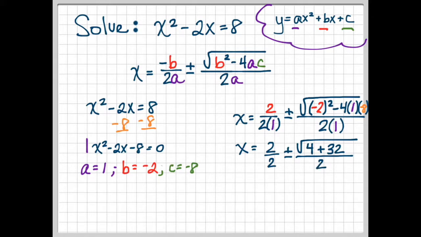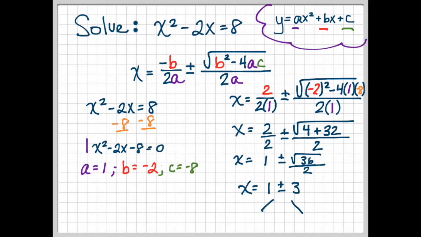So we'll keep going, and we're going to say x equals 2 over 2 is 1, plus or minus the square root of 36 over 2, and it's that whole quantity square root of 36. So that becomes x equals 1 plus or minus 6 over 2, which is 3. So the first answer would be x equals 1 plus 3, and the second answer would be x equals 1 minus 3.